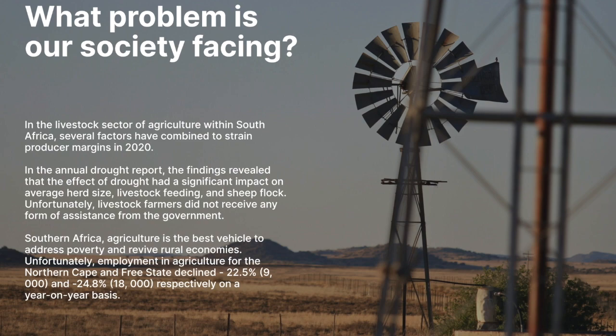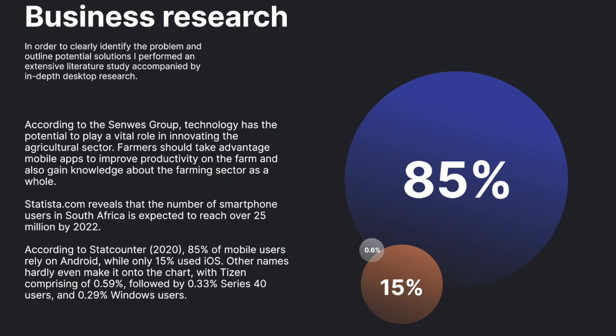In Southern Africa, agriculture is the best vehicle to address poverty and revive rural economies. Unfortunately, employment in agriculture for the Northern Cape and the Free State have drastically declined. In order to clearly identify the problem and outline the potential solutions, I performed an extensive literature study accompanied by in-depth desktop research.